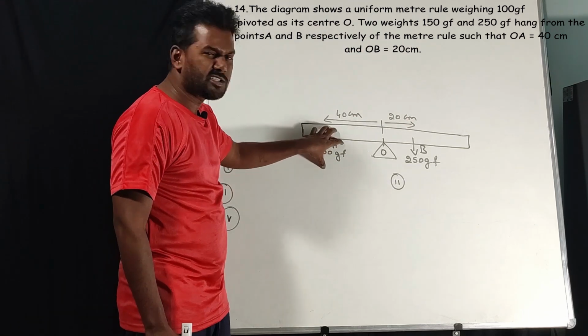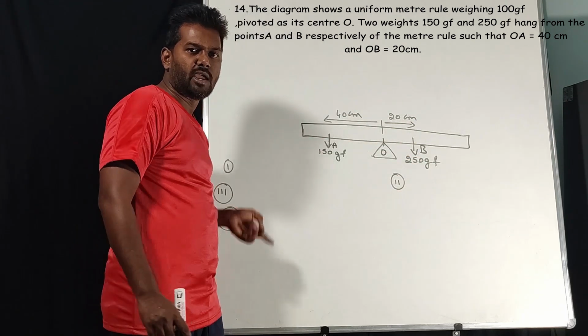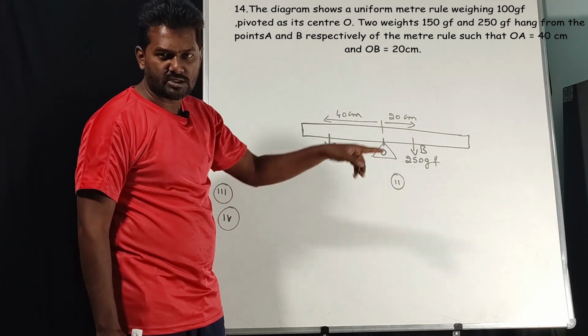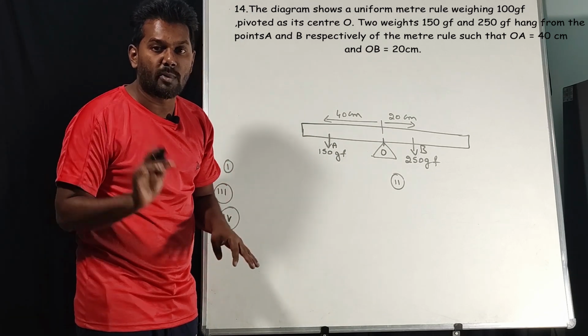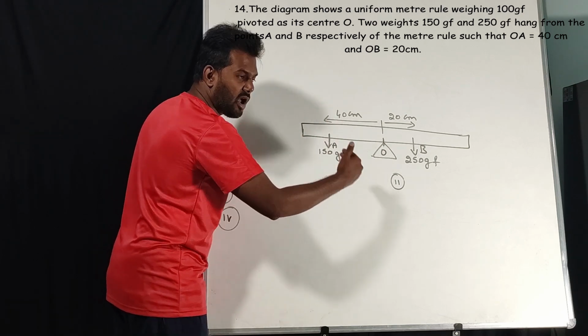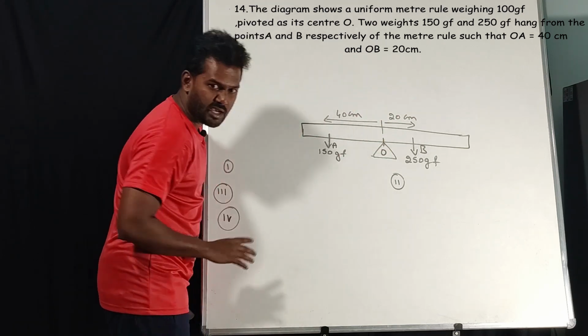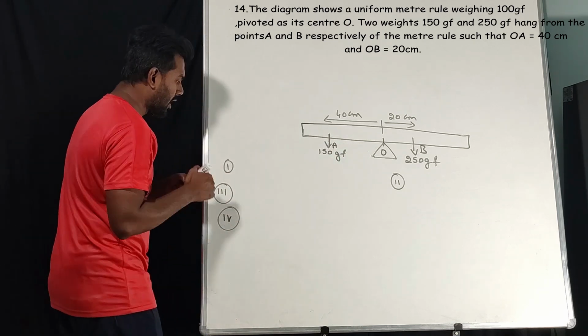Anti-clockwise. And assume this load is not there; because of this load it is going to rotate in this way. What direction is this? Clockwise direction. So we need to calculate only the total anti-clockwise moment about O. Anti-clockwise moment means the left side, clockwise moment means always the right side. So for total anti-clockwise moments, we are going to worry only about this one.